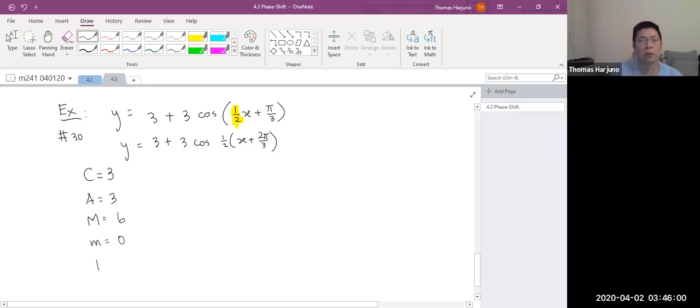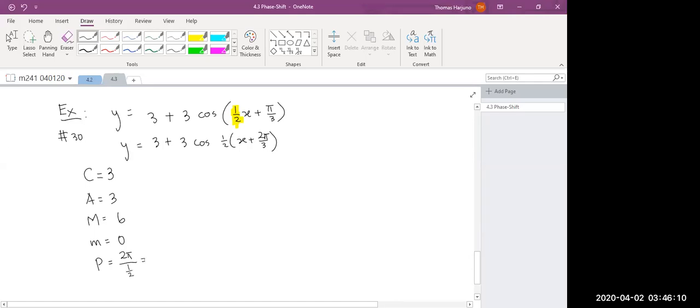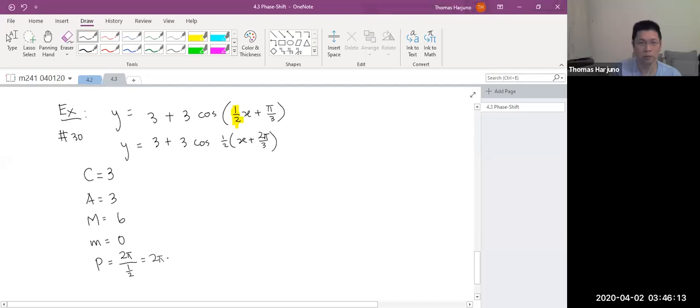How about the period? 2 pi over the coefficient of x, 1/2, which gives 2 pi times the reciprocal of 1/2, which is 2. So 4 pi. While the phase shift is negative 2 pi over 3.